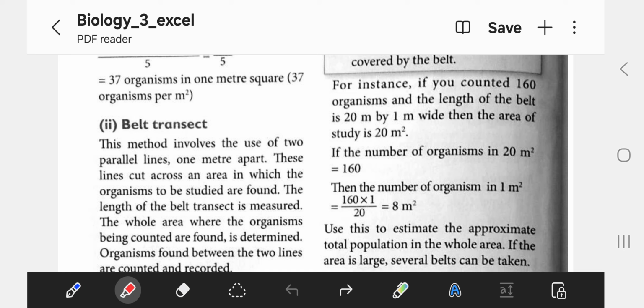The captured and released animals mix at random and evenly with the remaining population.